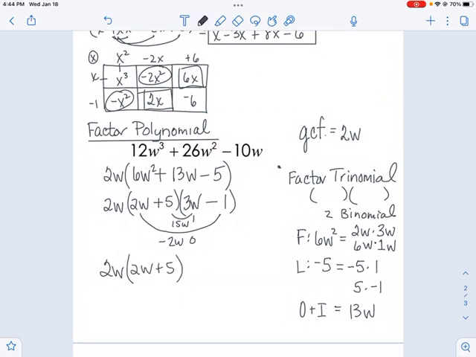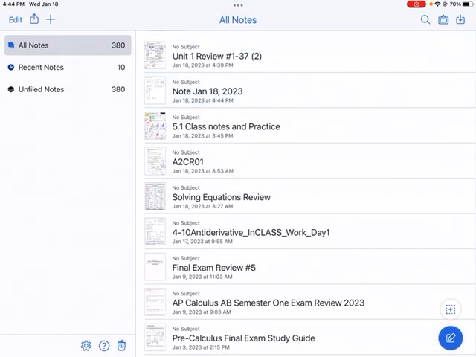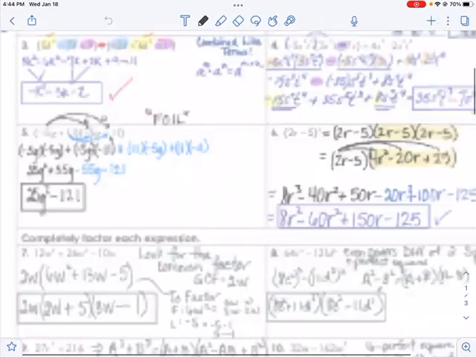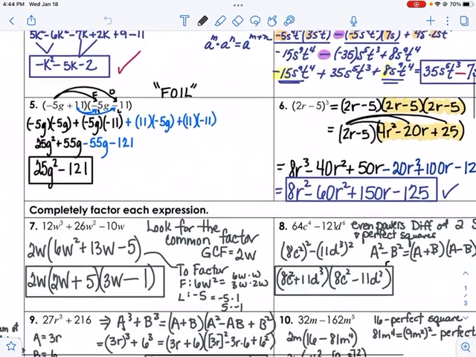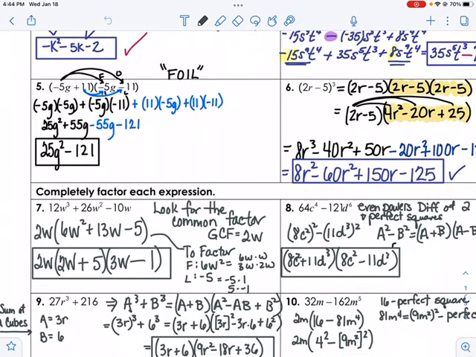I might try one more, zipping over, because factoring is sometimes an issue with people. Back to this one, number 5: do you notice when we multiply those using FOIL, we got this? This is 5g, the quantity squared, minus 11 squared.